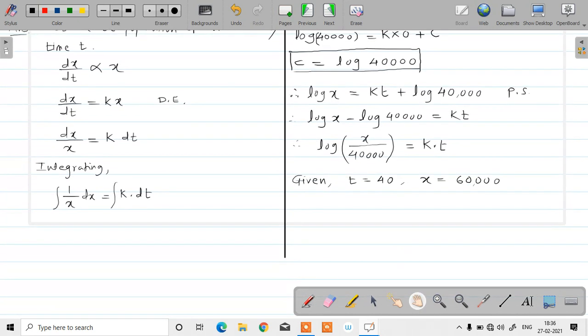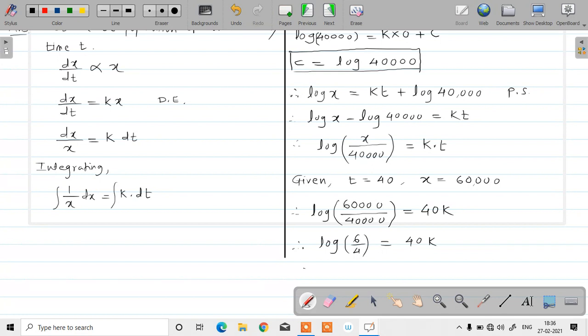Now put this given condition in this particular solution, then what will you get? Log of 60,000 upon 40,000 is equal to 40 into k. See, the value of t is 40. Now just to simplify here, log of 60,000 upon 40,000 means it is just log of 6 upon 4 is equal to 40k.